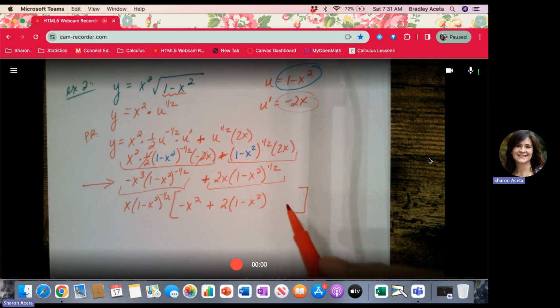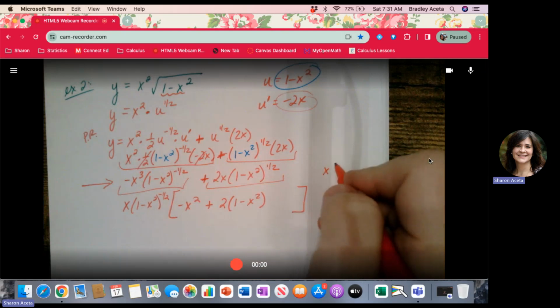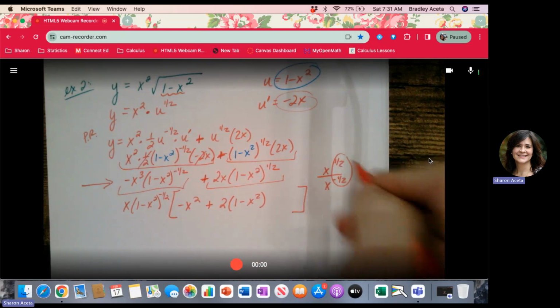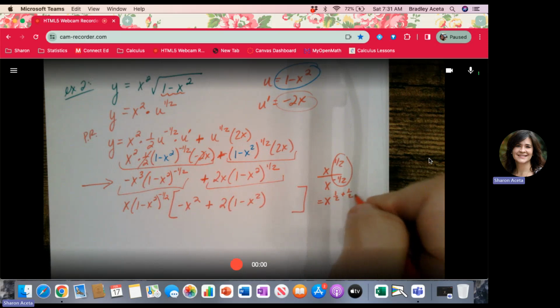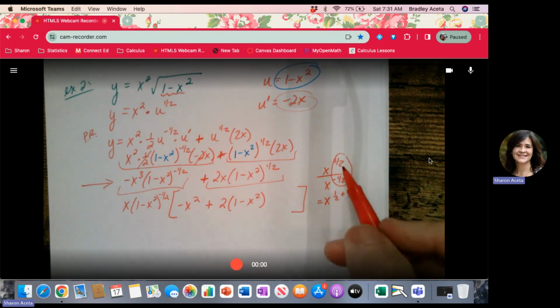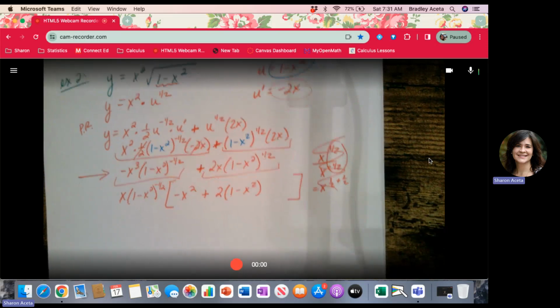You could even put a little 1 here if you want to. Okay, it goes back to the whole x to the 1/2 divided by x to the negative 1/2. You subtract those exponents, keep the base, and subtract the exponents. 1/2 minus negative 1/2 is x to the 1. Okay, let me scratch that out so I got it.